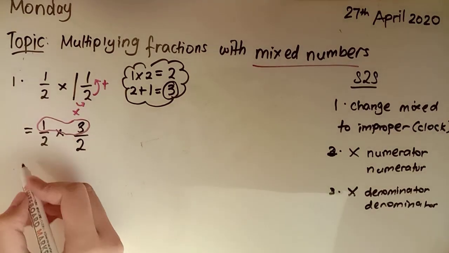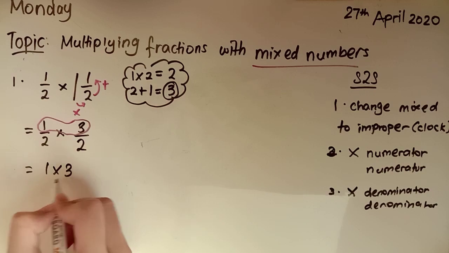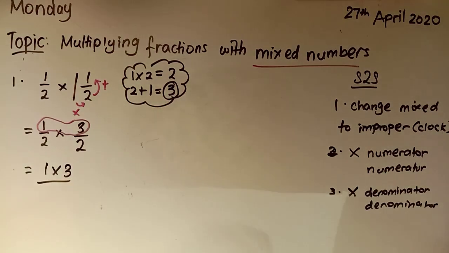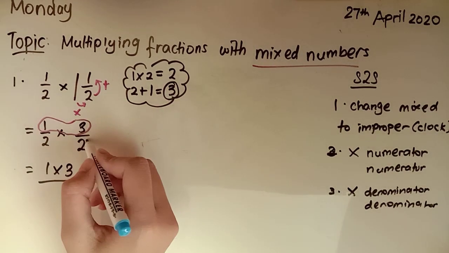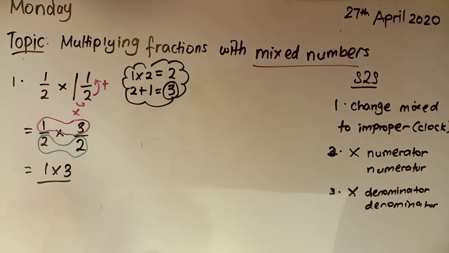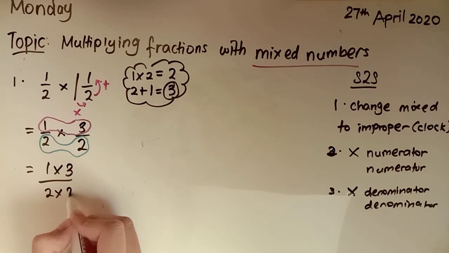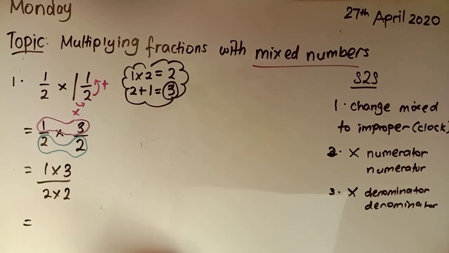So that's 1 times 3 over denominator times denominator. 2 times 2. What is 1 times 3? 3. 2 times 2. 4. The answer is 3 over 4. Can you simplify? If yes, then simplify. If no, then no. And that's your answer. Easy?